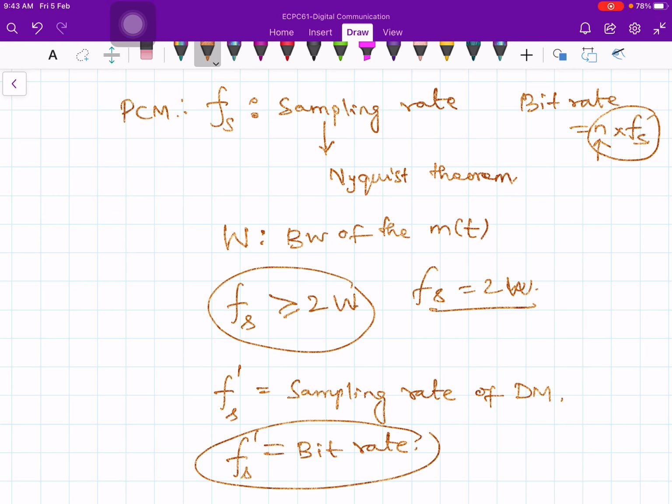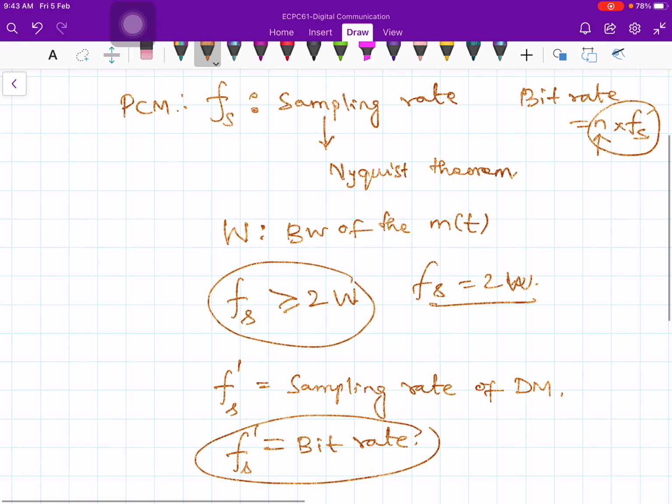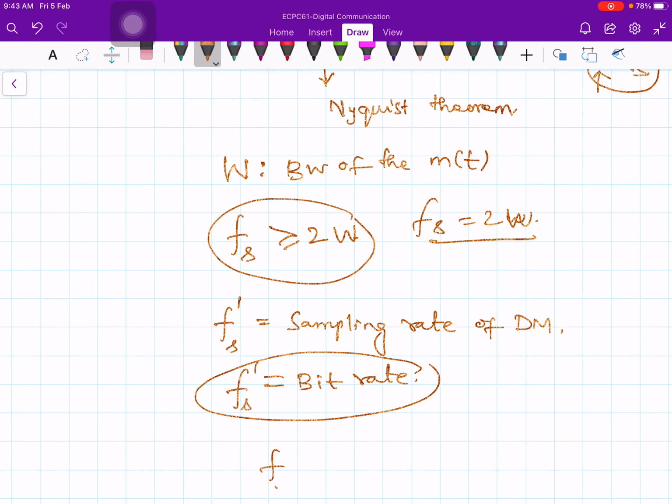Now, as I said, whenever you want to compare the two systems, both systems must have the same bandwidth. Therefore it is clear that if you want the two systems to have the same bandwidth, then your fs dash must be equal to n times fs.